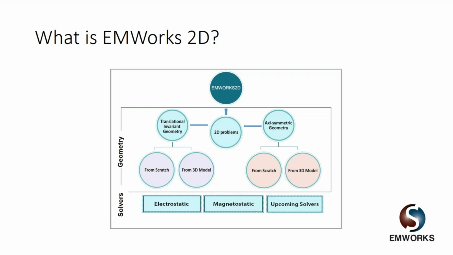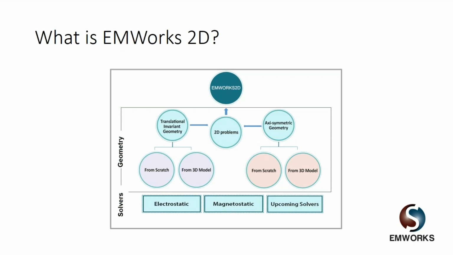Now, EMWorks2D, as far as geometry is concerned, deals with two types of 2D simulations. One is the translational invariant geometry, or what we call XY plane geometry problems. The other is axisymmetric geometry problems. Further in this demonstration, I will show you examples where we use EMWorks2D to simulate both types of geometries.